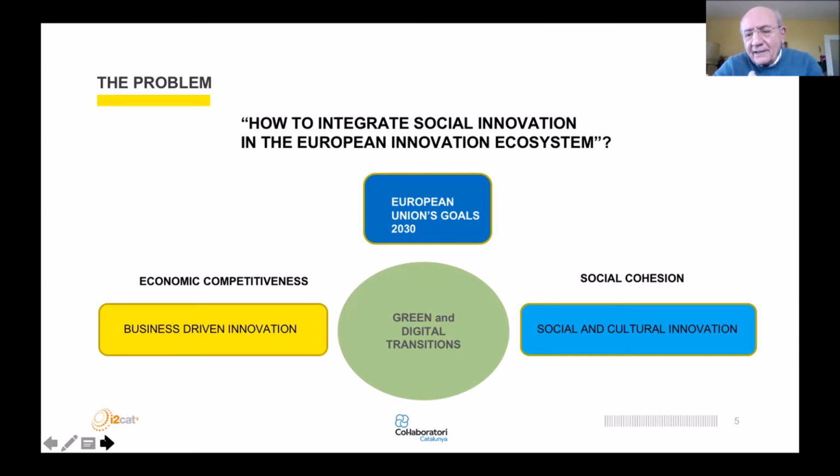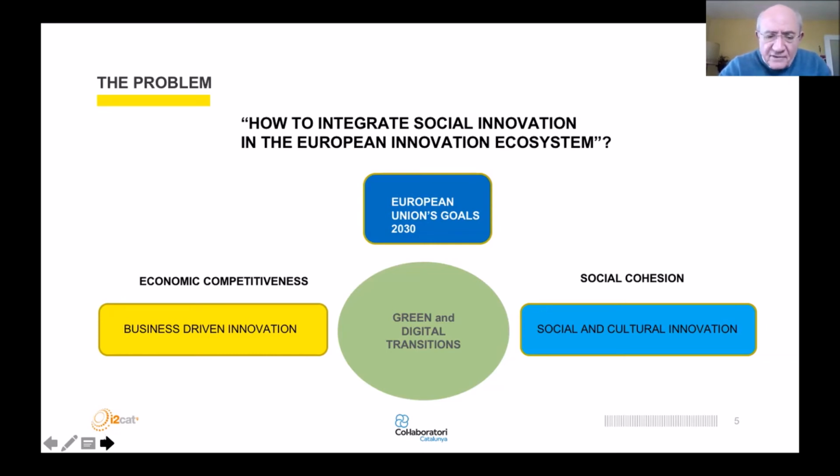These are two legs that in principle operate in Europe, even make the philosophy of the European Union: economic competitiveness and social cohesion. But unfortunately, the European innovation model is still mainly supported towards economic competitiveness, and it is not clear how to integrate social and cultural innovation in this kind of structure.